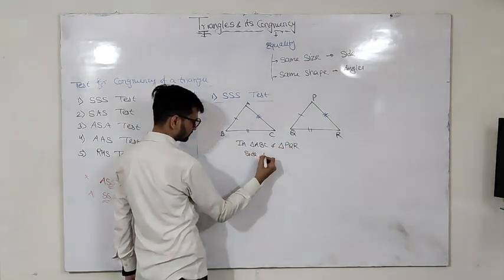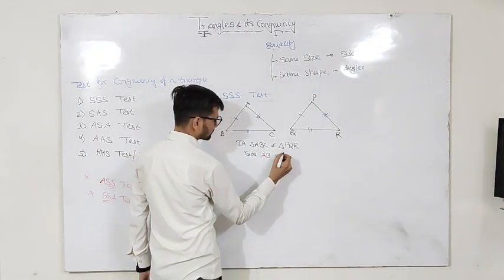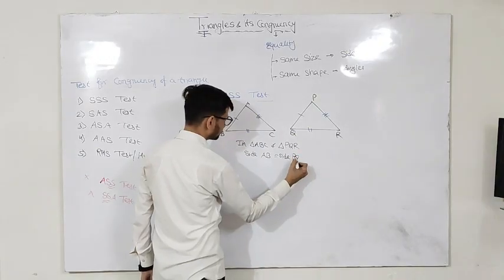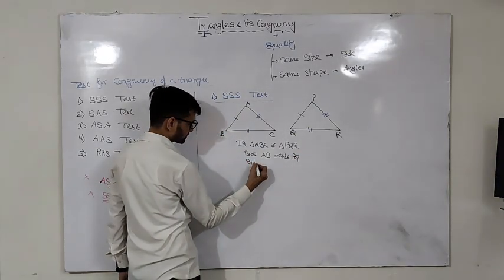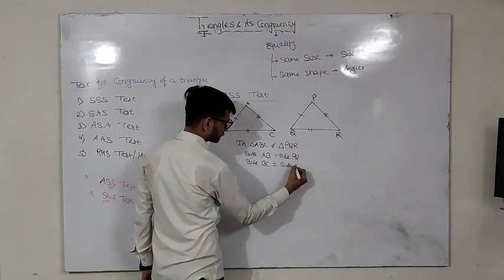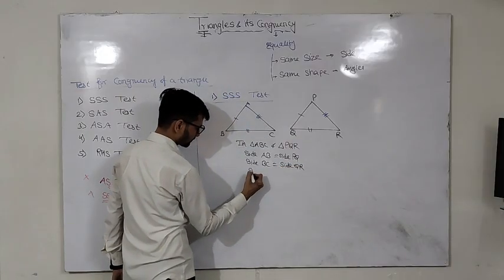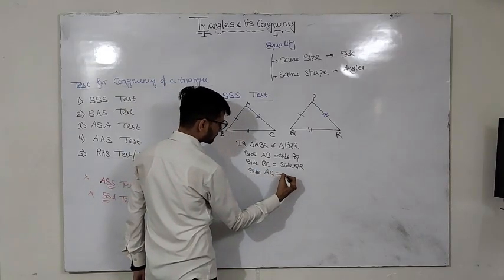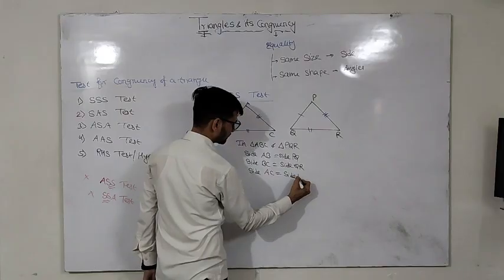side AB equals side PQ, side BC equals side QR, and side AC equals side PR.